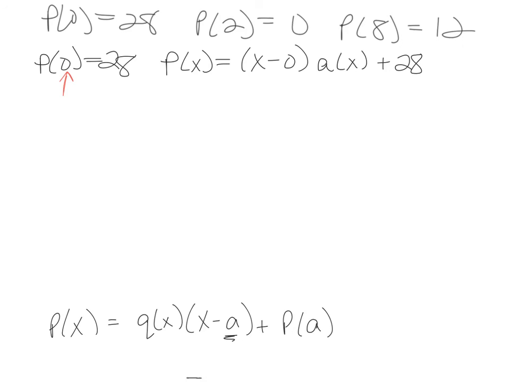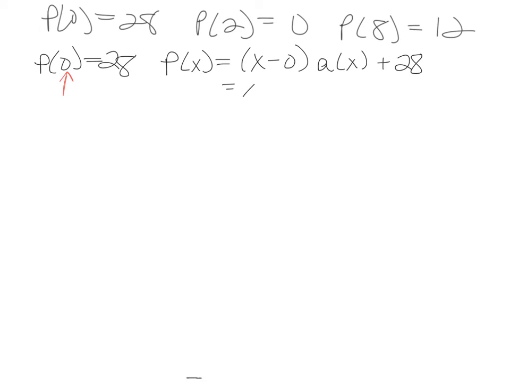So this is what we're working with in a slightly different order, but I just wanted to show you what we were working with. And I need lots of room here, so we're going to go ahead and erase that. All right, so P of x equals x minus 0 times a of x plus 28. Simplify that a little bit, and we get x times a of x plus 28.